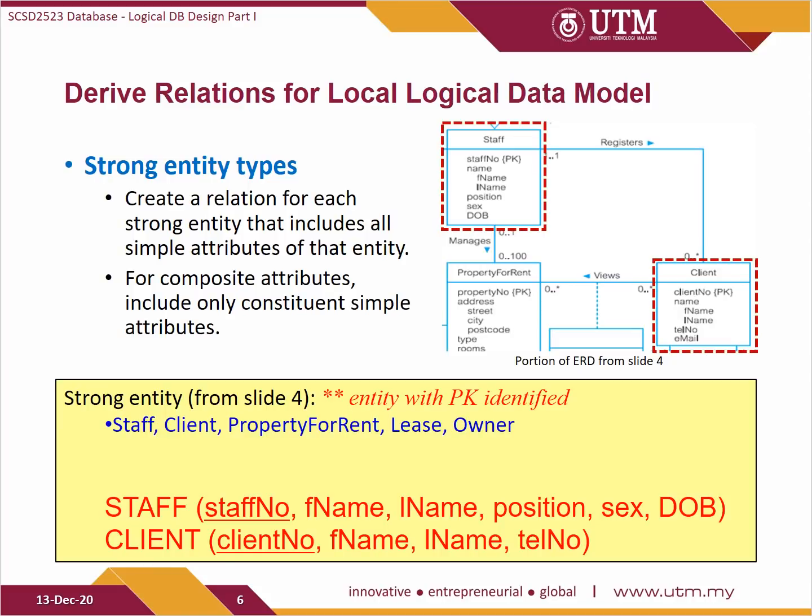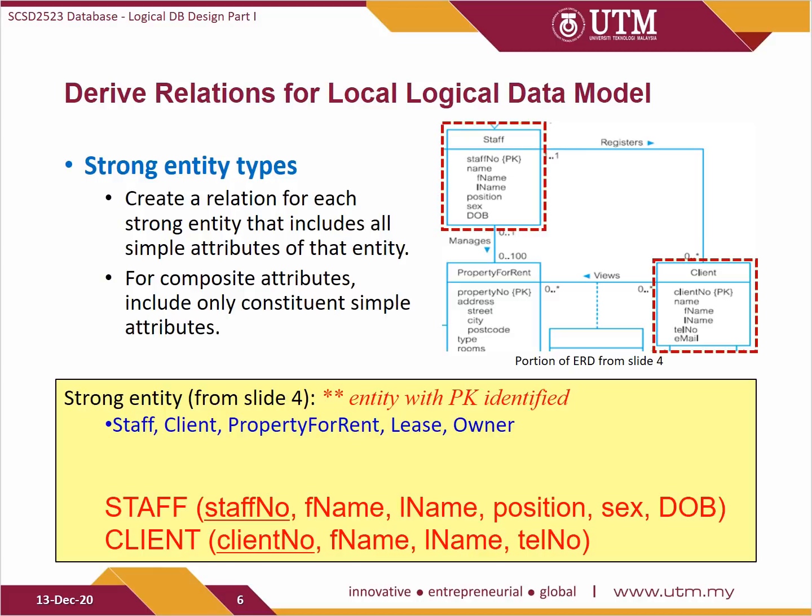Okay, in order to derive relations for the local logical data model, firstly, we examine the strong entity types. Based on the portion of the ERD shown in this slide, we can identify an entity with a primary key as a strong entity.